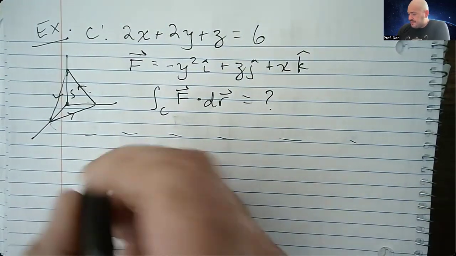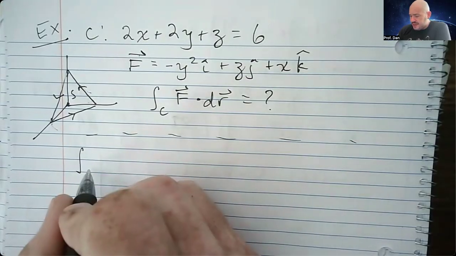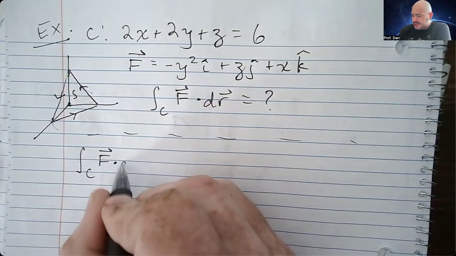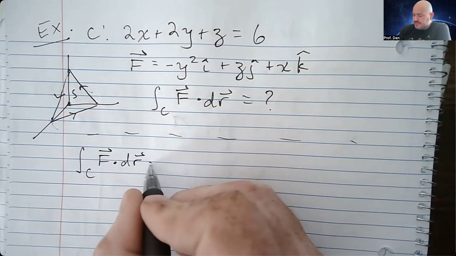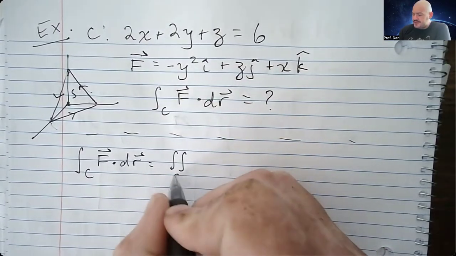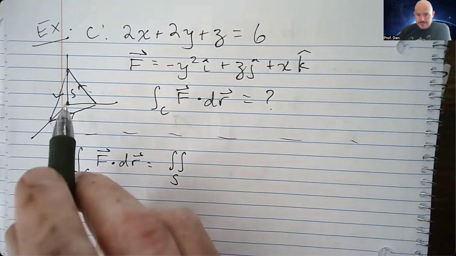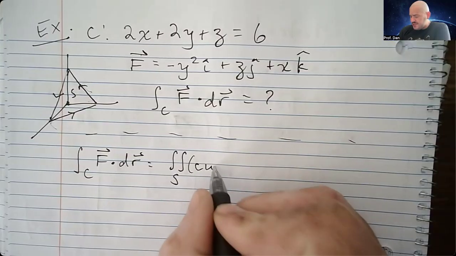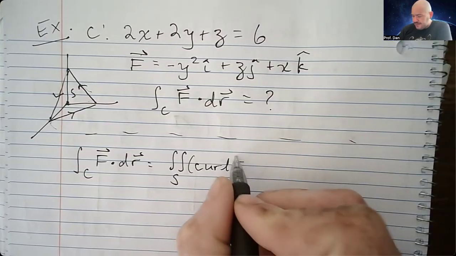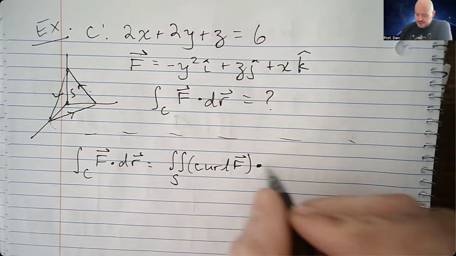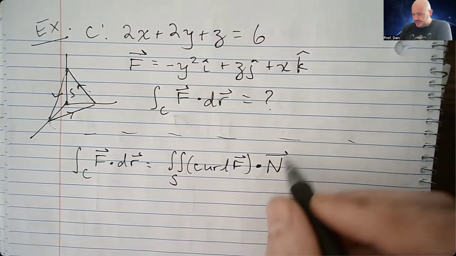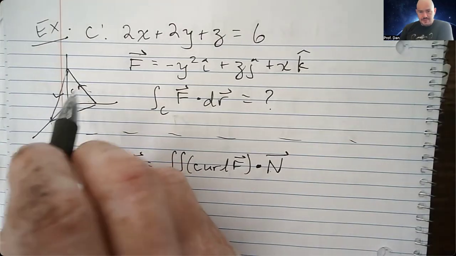So with Stokes' theorem, I know that I can rewrite the path integral of F dot dr as the double integral over the surface S, which is enclosed by this pathway, of the dot product between the curl of F and a vector n that is normal to the surface at a point.